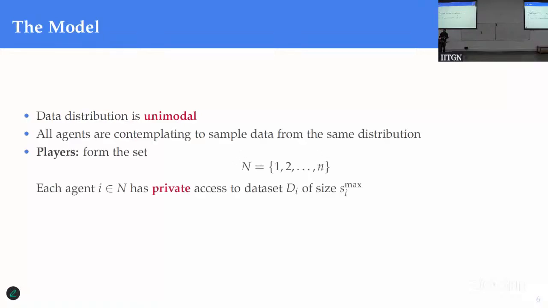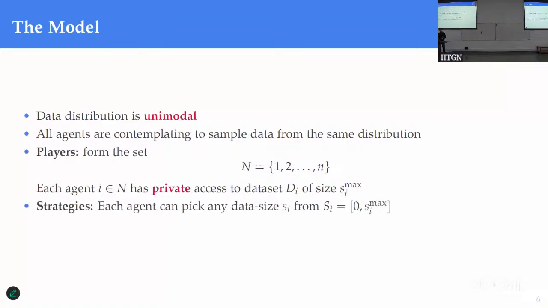So therefore, the player set is 1 to n, and each agent has private access to this data set D_i. Imagine that this D_i is the patients that go to hospital i. And therefore, only those hospitals can access their medical files and have that information. Now, you can imagine that sampling data is costly.